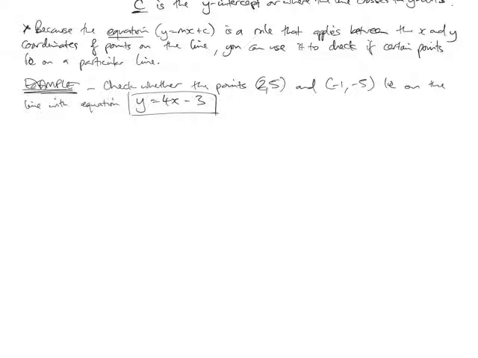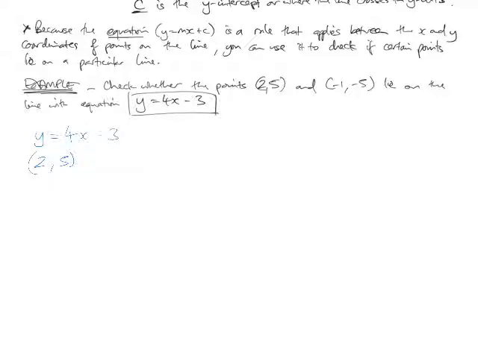And because you've been told that the equation tells you the rule that connects the x and the y, if the equation doesn't work, then the point doesn't lie on the line. So let's work through this. You're asked, does (2, 5) and (-1, -5) lie on the line y equals 4x take 3? So (2, 5).